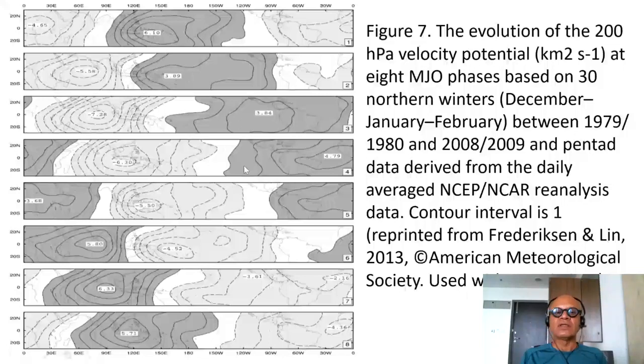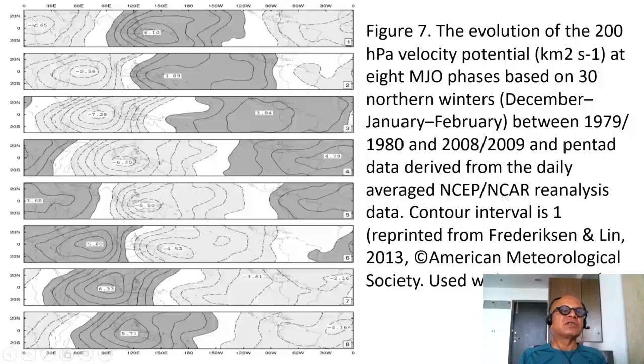Okay, this is looking at the evolution of the 200 hectopascal velocity potential in 8 MJO phases, based on 30 northern winters between 1979-1980 and 2008-2009, and pentad data derived from daily averaged NCEP/NCAR reanalysis product.